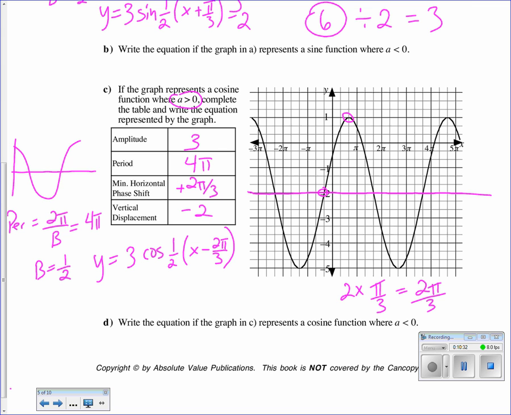Remember, it shifted toward the right, so that's a minus, and then minus 2. And again, we should probably talk about the fact when a is less than 0. Remember, that would talk about a reflection in the y-axis, or in the x-axis first. So there's one conclusion on the backside. I'm pretty sure we're pretty adept at this already, but we'll turn the page.